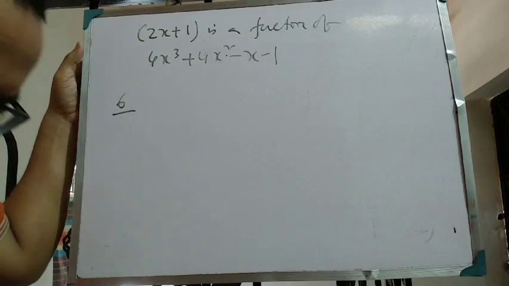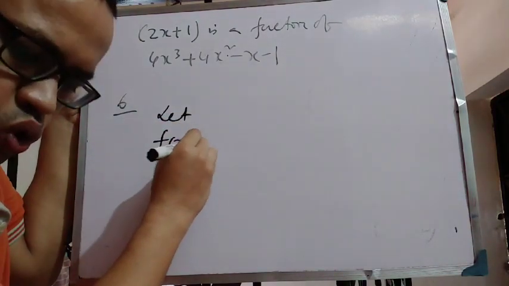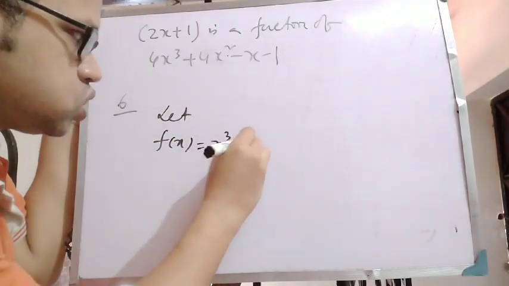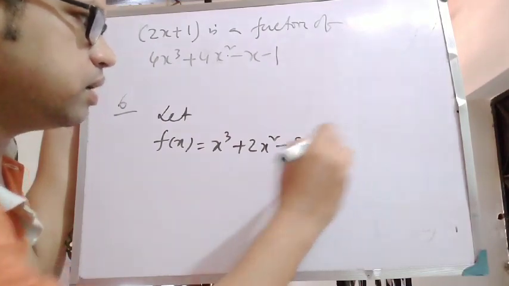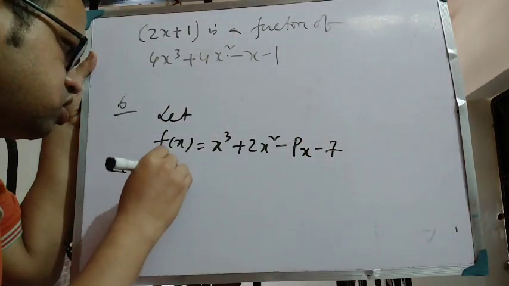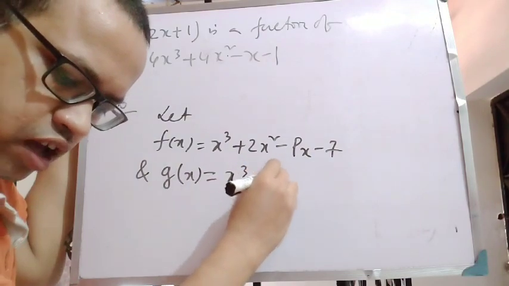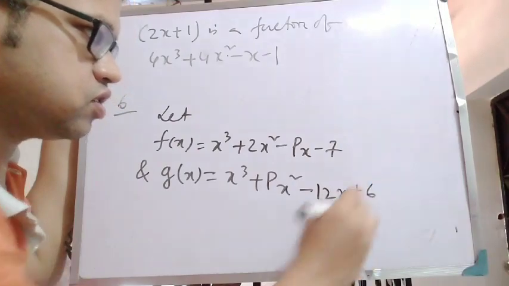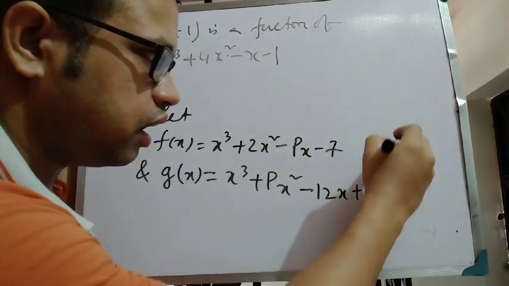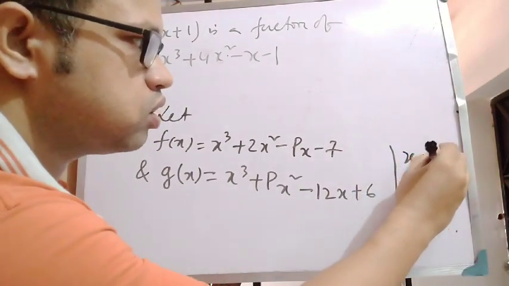So first of all, write let f(x) equals x cube plus 2x square minus px minus 7, and g(x) equals the second expression, x cube plus px square minus 12x plus 6. Now on the right hand side, try to write x plus 1 equals 0.